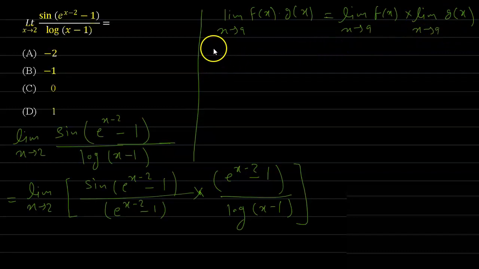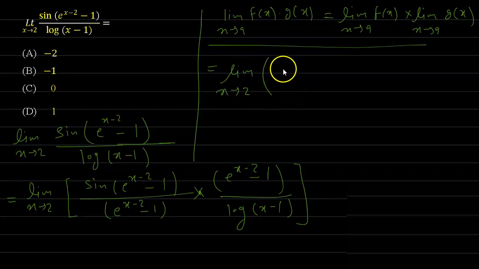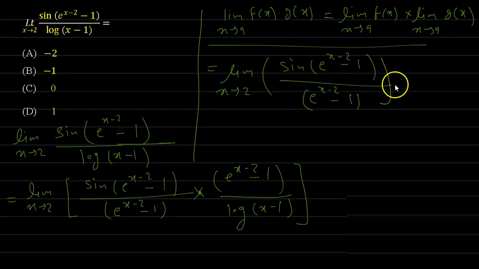So this limit is equal to limit x tends to 2 sine of (e to the power x minus 2 minus 1) divided by (e to the power x minus 2 minus 1), multiplied by the limit x tends to 2 of (e to the power x minus 2 minus 1) divided by log of (x minus 1).